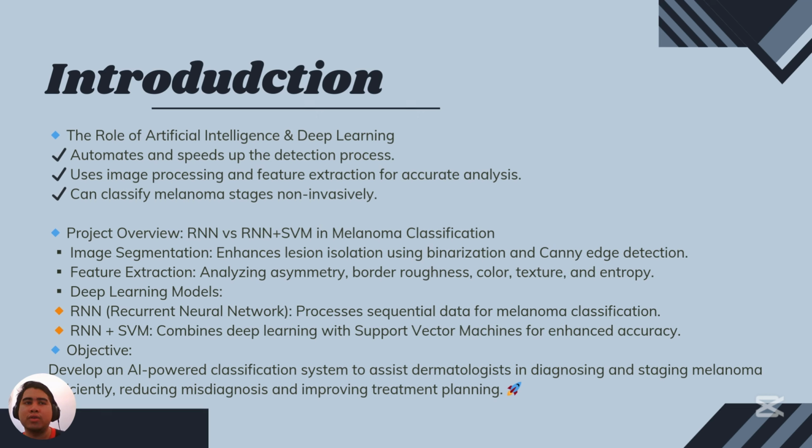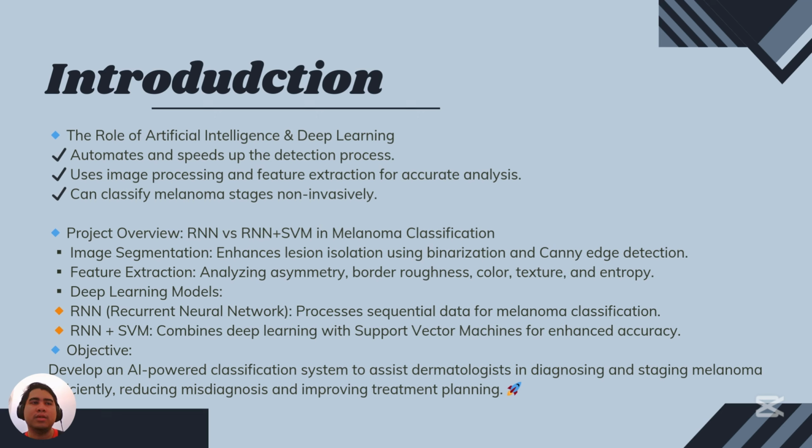So for our project overview, RNN versus RNN plus SVM in melanoma classification. Image segmentation enhances lesion isolation using binarization and Canny edge detection. Feature extraction analyzes asymmetry, border roughness, color, texture, and entropy. For the deep learning model, RNN, recurrent neural network, processes sequential data for melanoma classification.